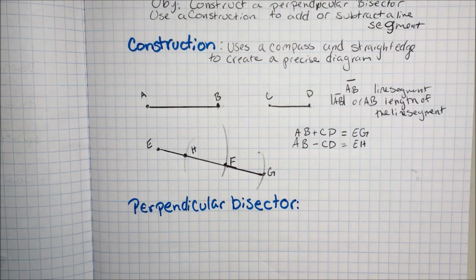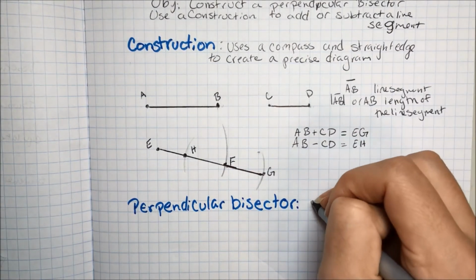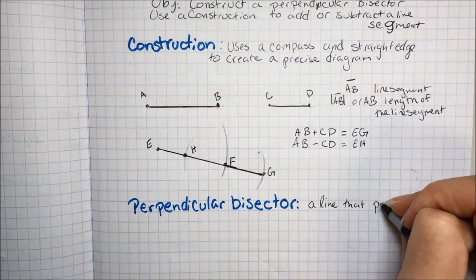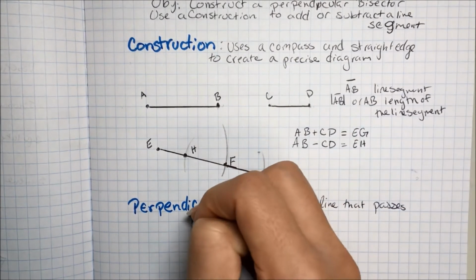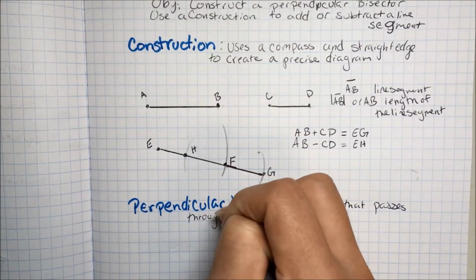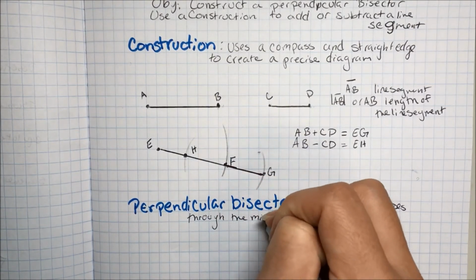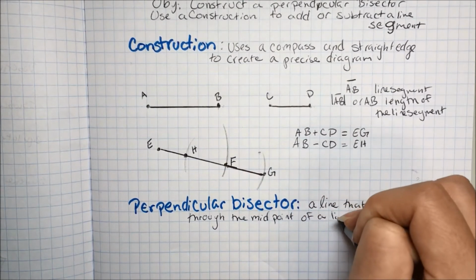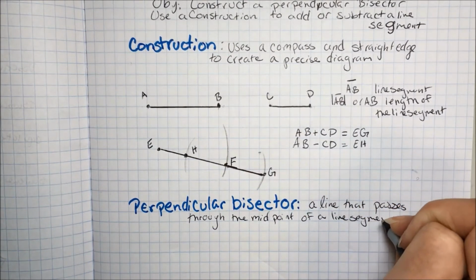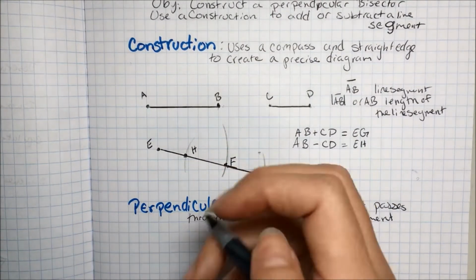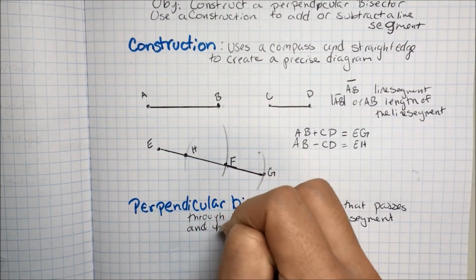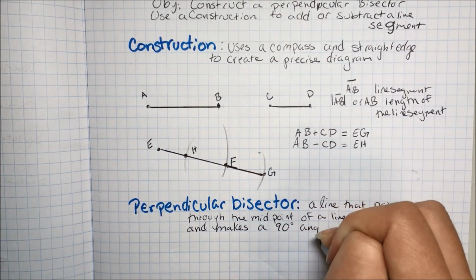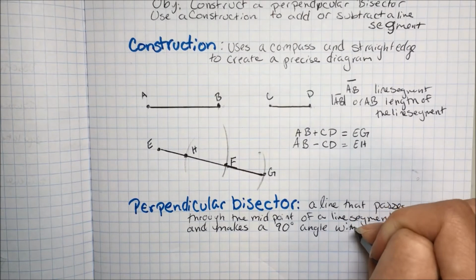Okay, so a perpendicular bisector is a line that passes through the midpoint of a line segment and makes a 90-degree angle with the line segment.